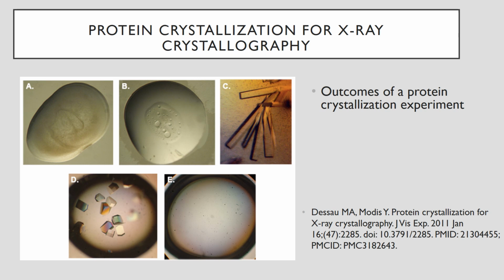A represents amorphous precipitation, and this results when the protein or precipitant are high in concentration. B represents phase separation. The protein or the detergent can separate into different phases when mixed with precipitants at a high concentration. C represents rod-shaped crystal proteins.